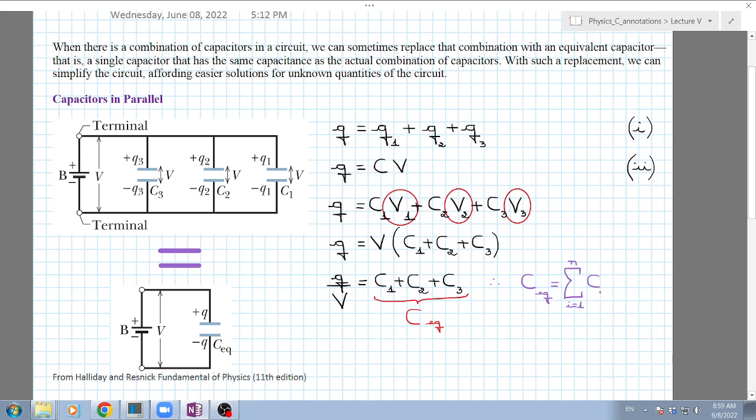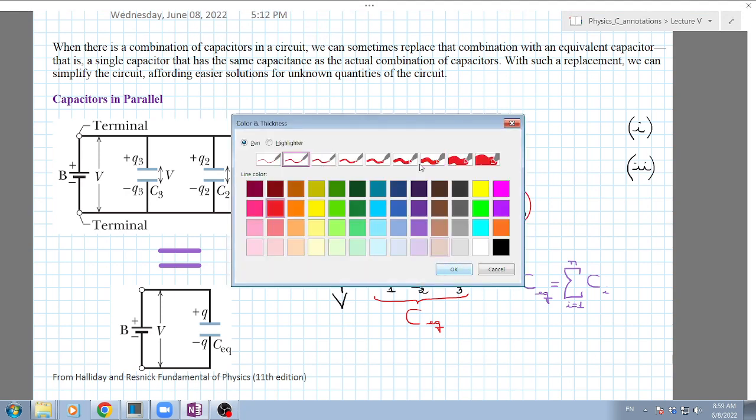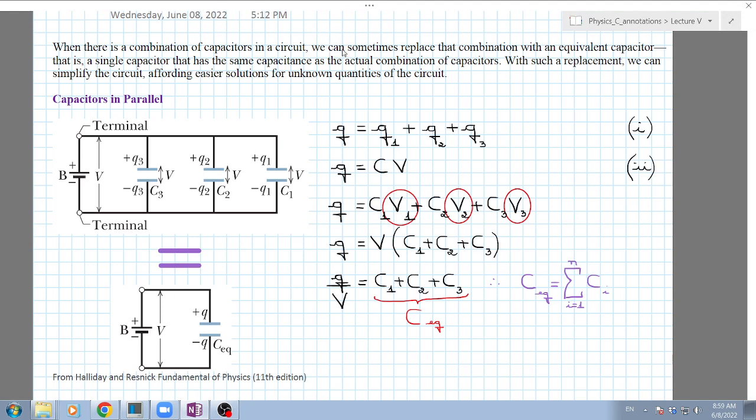So when capacitors are in parallel, all you have to do is add the individual capacitances of each capacitor. It's simpler than the previous circuit.